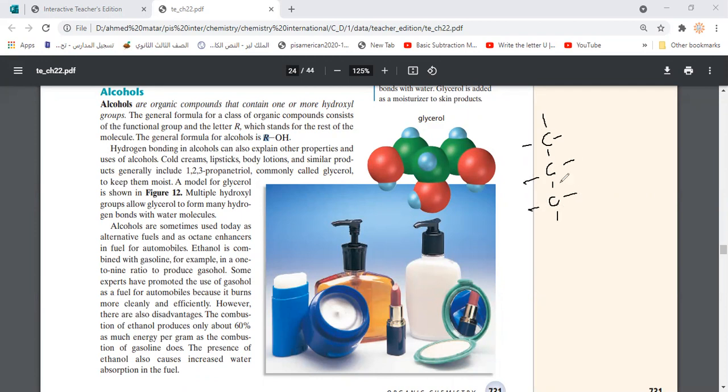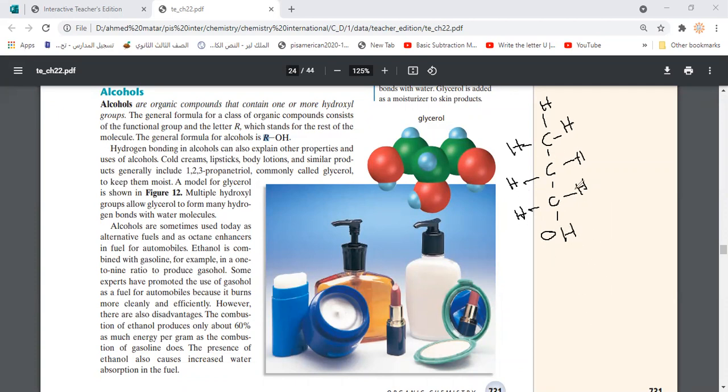That is CH3, CH2, CH2, and we miss one hydrogen here, so instead of this hydrogen it carries OH. In that case we call this propanol, and because the OH is on carbon number one, it is 1-propanol.